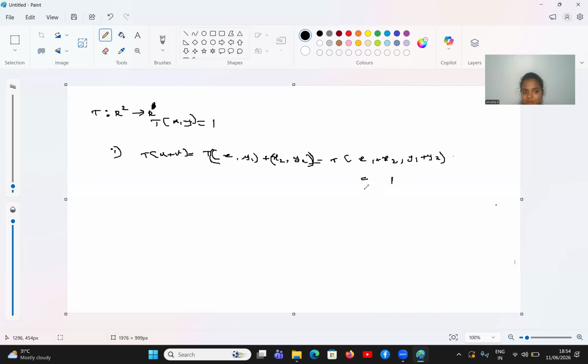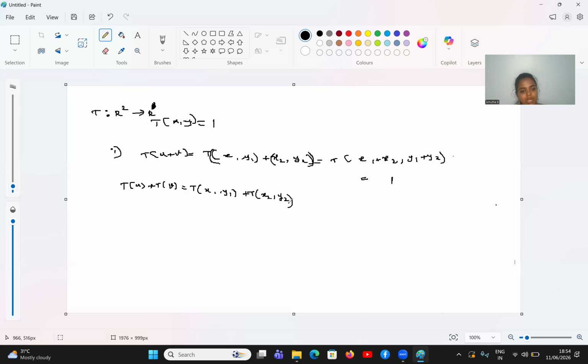Now, the trick is, this is the left hand side. For the right hand side, what you have to do? T of u plus T of v, where T of u is nothing but T of (x1, y1), plus T of v is nothing but T of (x2, y2).